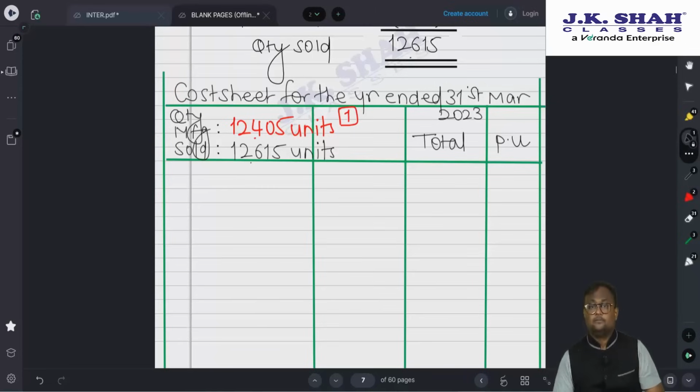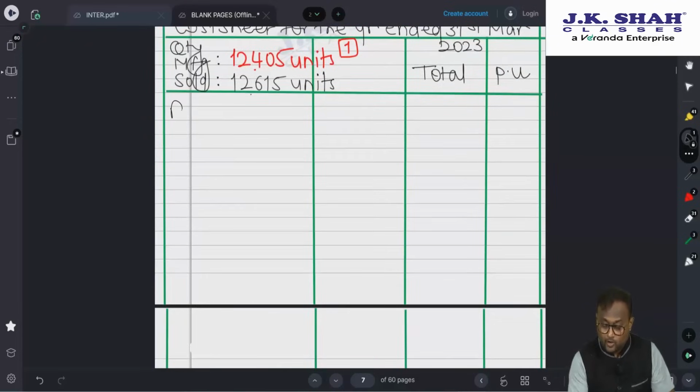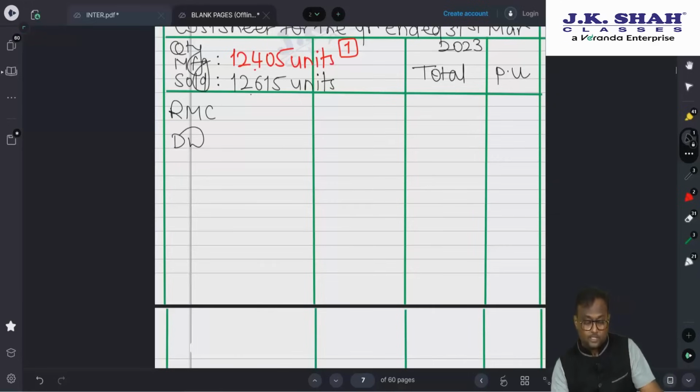You understood this? Profit as per cost records, and that too by a statement. Why would you want to go for any other statement when you directly have a cost sheet with you? Now, raw material consumed and direct wages are not separately given as per your cost records. So we can pick up the information directly from the financial data.